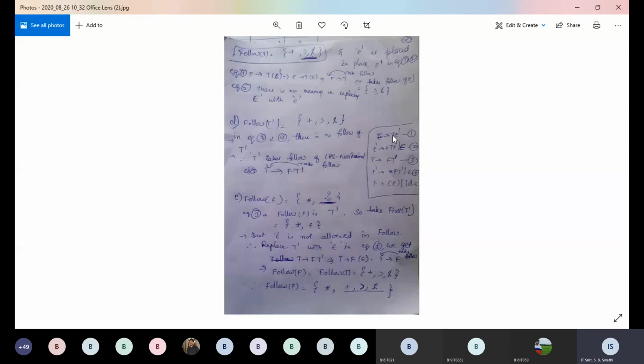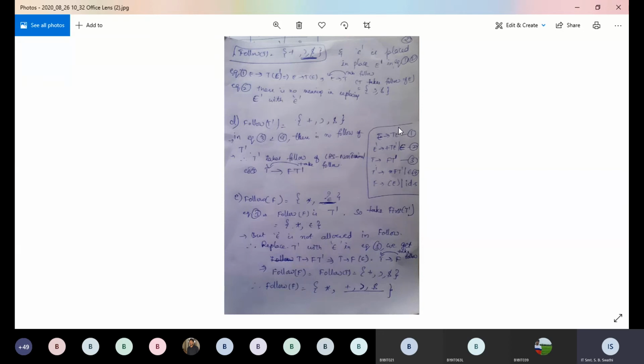See here, T is followed in our original equation by E dash, and T has to take the first of E dash. First of E dash is plus and epsilon. T will first replace E dash with plus. After replacing, T will take plus as its follow. Then again the next symbol is also replaced in the place of E dash.